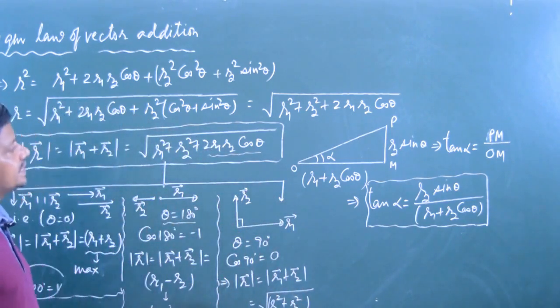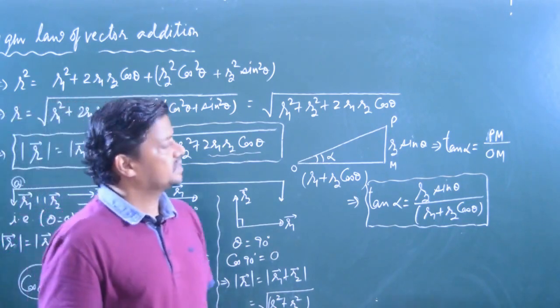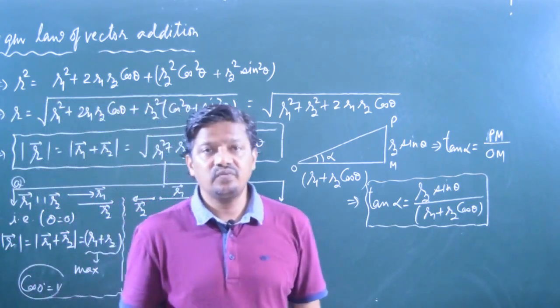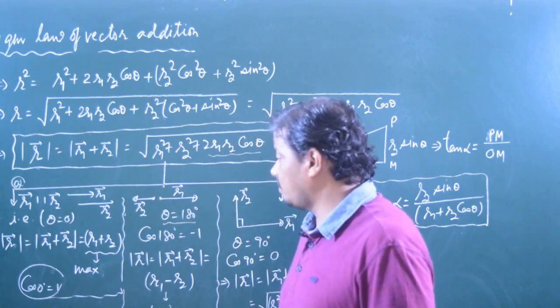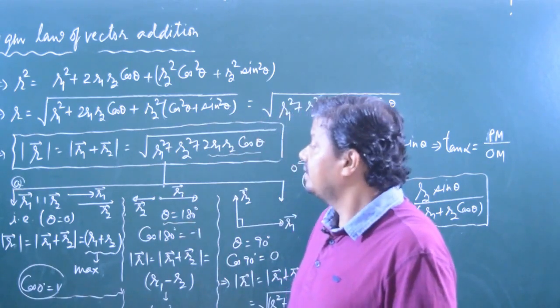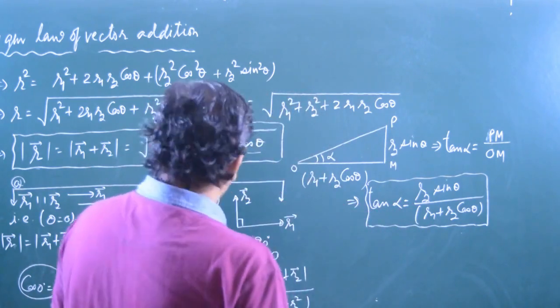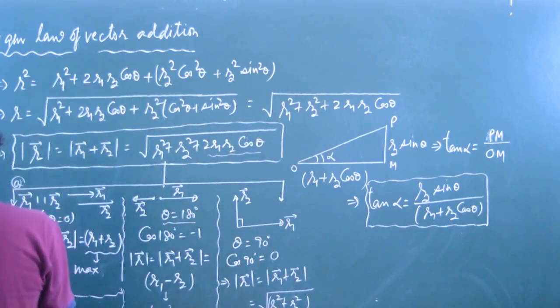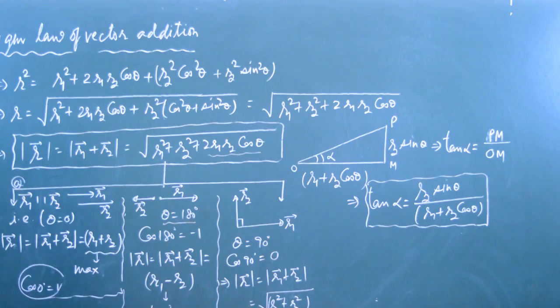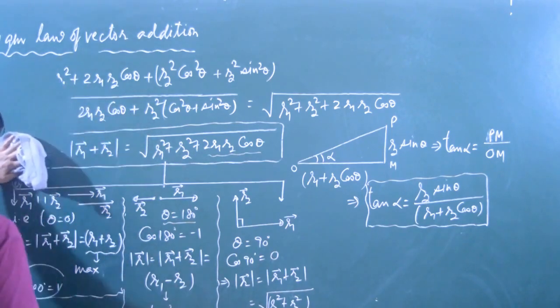It means the resultant of two vectors always exists between what? The minimum value and the maximum value. It may have the minimum value, may have the maximum value, or between them. Okay, so we come to one conclusion. What?